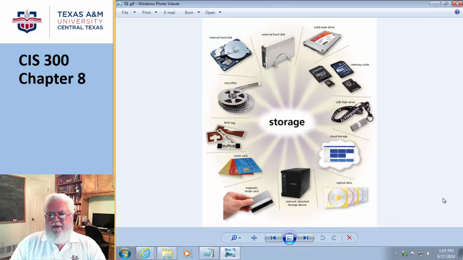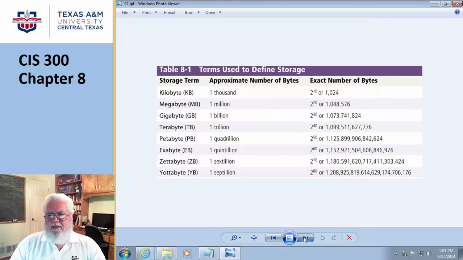They wanted to be able to say that they had a 500 megabyte hard drive, but it was just easier for them to say 500 million because that was smaller than 500 megabytes. So it made it look like it was bigger. So kilobyte is supposed to be 1024, and megabyte is supposed to be 1,048,576. That's what it's supposed to be, but of course it doesn't necessarily mean that.